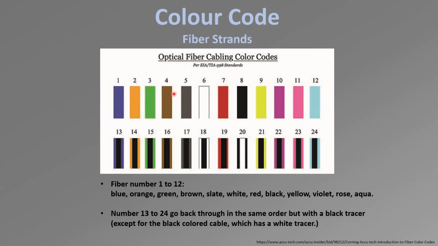So blue, orange, green, brown, slate, white, and here's the red, black, yellow, violet, rose, and aqua, up to 12. And up to 24, you still have the same colors, but with a black stripe around them, except for the black one, because you can't put a black stripe on a black wire, so it's a white stripe on black. That's the only exception. And here is the color coding of the 24 fiber optic strands.